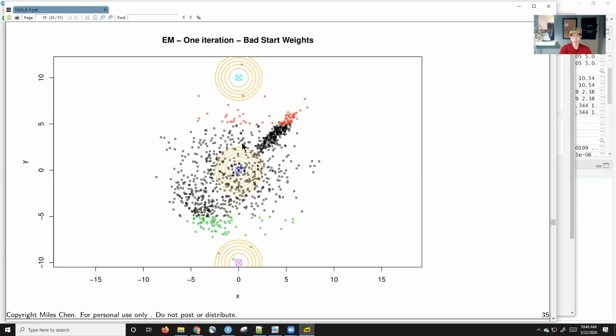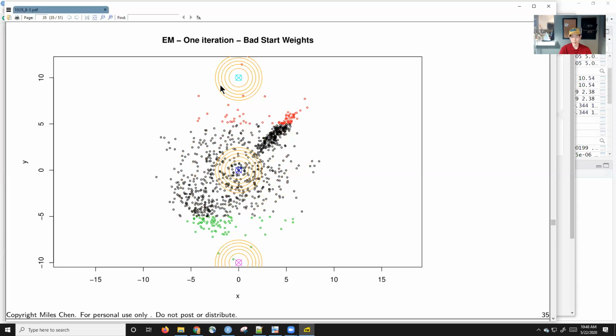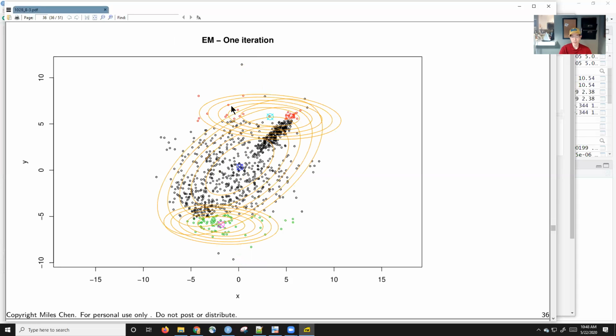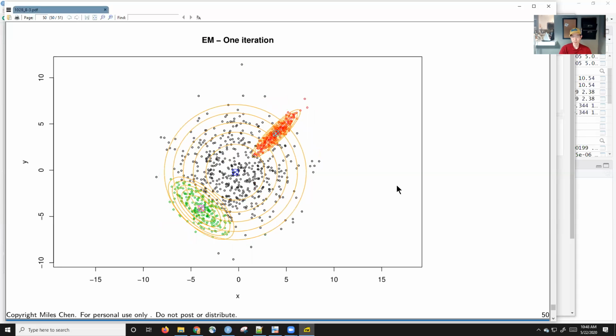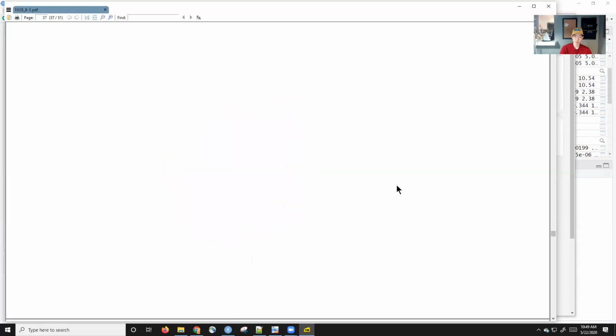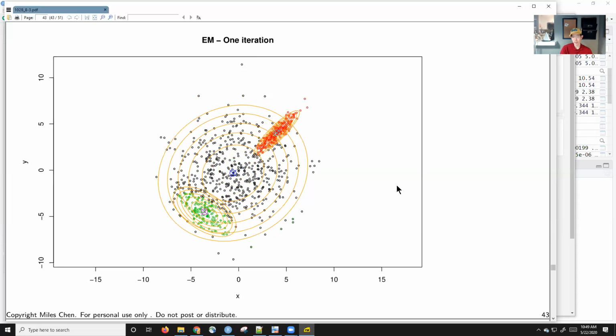And again, trying to take into account the variance to accommodate all of this. This is kind of the shape that it ends up getting, and then as it runs, it ends up finding the clusters again as well. Okay, so it's pretty interesting to see the EM algorithm work.